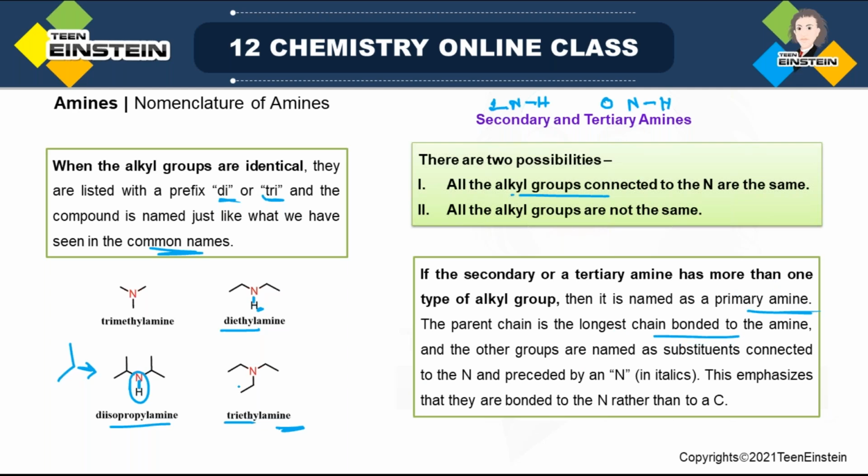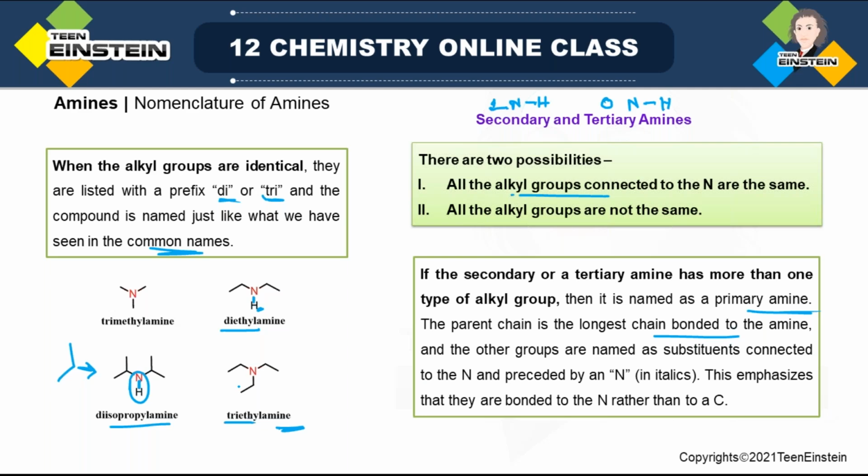So among the alkyl groups, suppose 3 different alkyl groups are there, you have to choose that alkyl group which is longest as the parent chain, and the other 2 alkyl groups, or the other only 1 alkyl group, because if it is secondary, it will be considered as substituent that are connected to nitrogen.